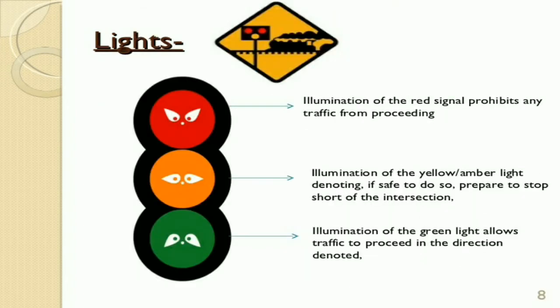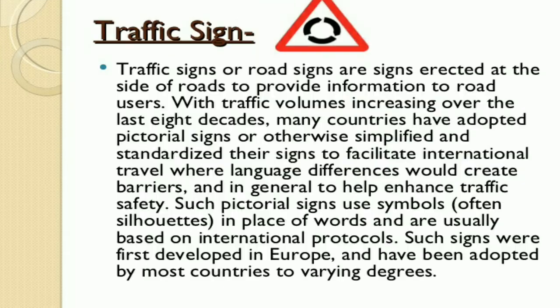The red signal prohibits any traffic from proceeding, and yellow denotes that, if it is safe to do so, prepare to stop short of the intersection, and green allows traffic to proceed in the direction indicated. So red, yellow, and green, these are signal lights.